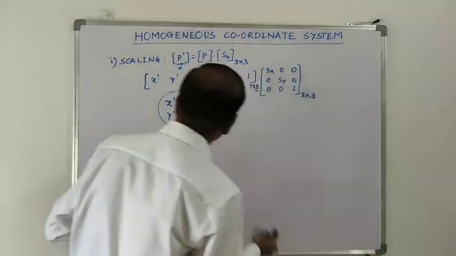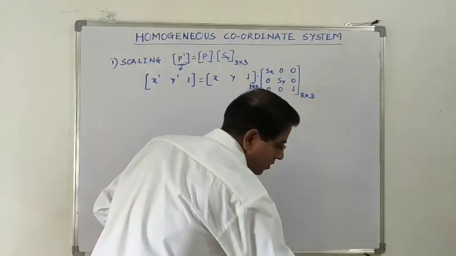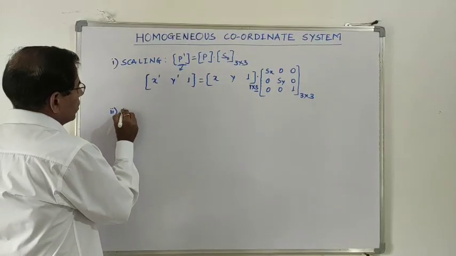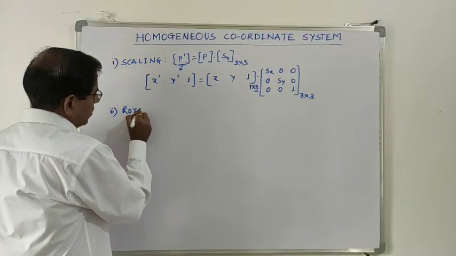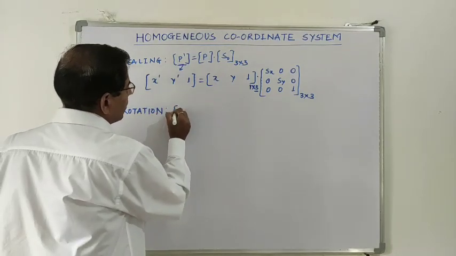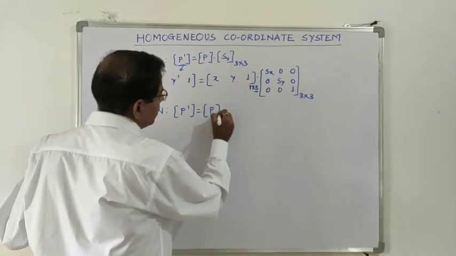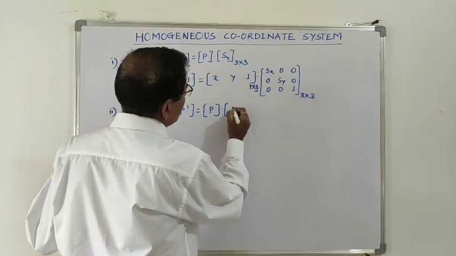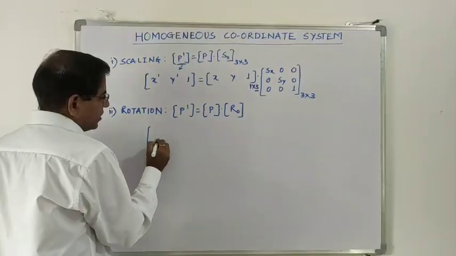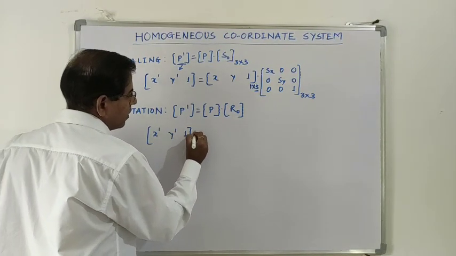Similarly, in case of rotation, it is P dash is equal to P into Rho. Say P dash is any point x dash, y dash, 1.